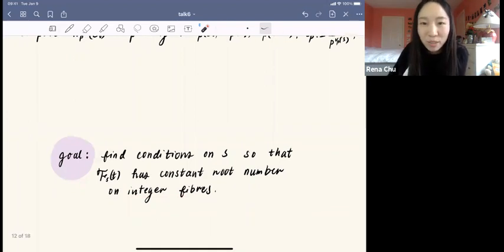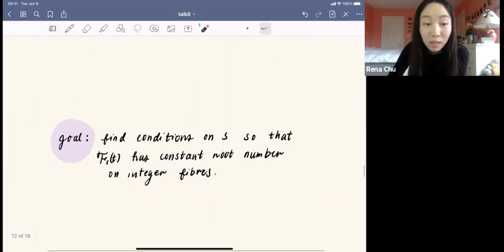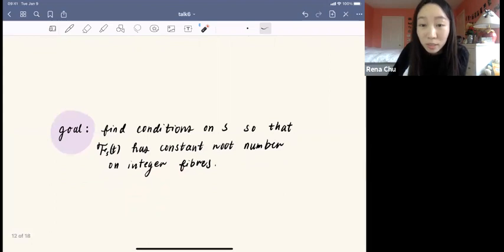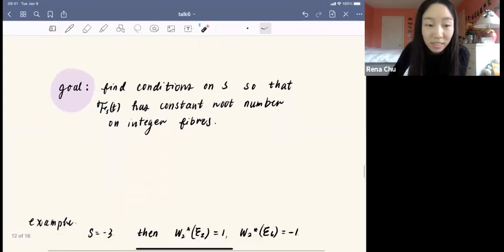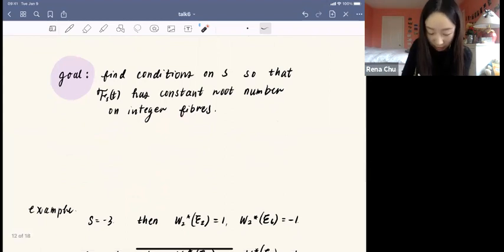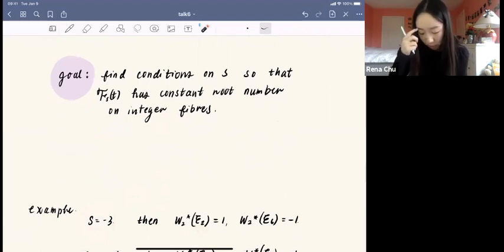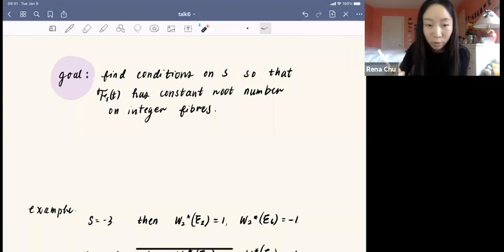Before I state the result, I want to look at some examples. So let's take s equals -3 for a second. Then one can compute that if we take this fiber, so namely t equals 2. This is the F family, by the way, we're working with the F family now.